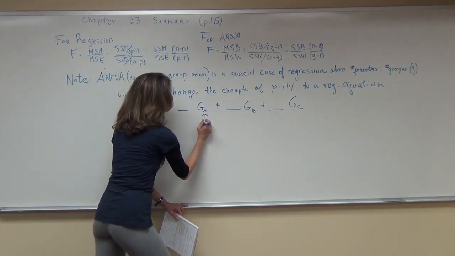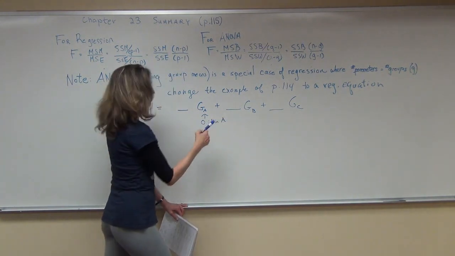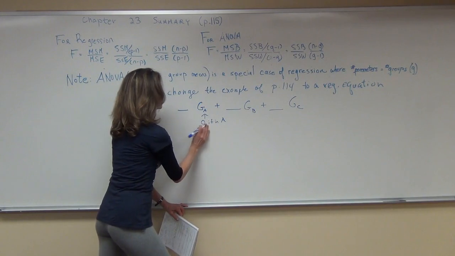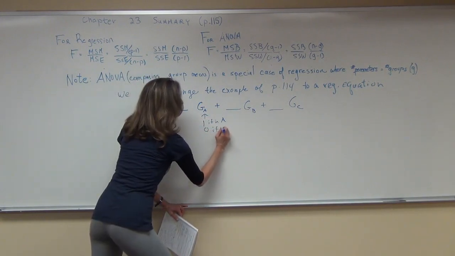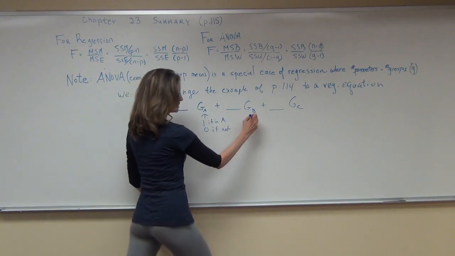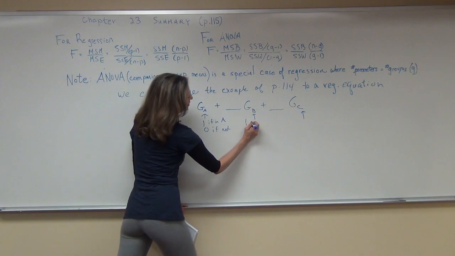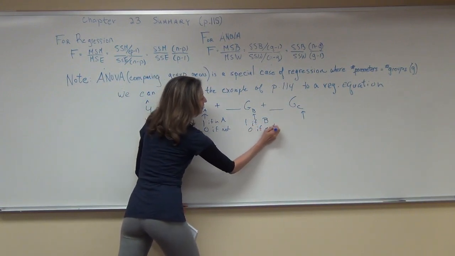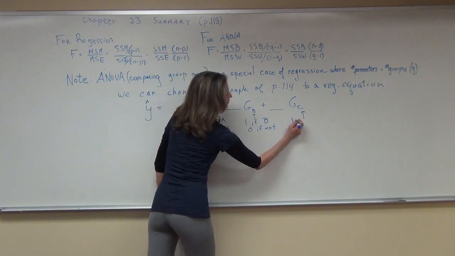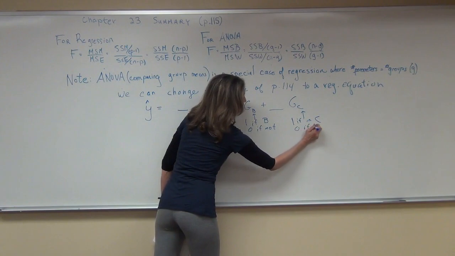It would be 1 if in group A, obviously, and 0 if not. And here it's going to be the same. So there'll be 3 binary variables here. This would be 1 if in group B, and 0 if not. And this would be 1 if in C, 0 if not.